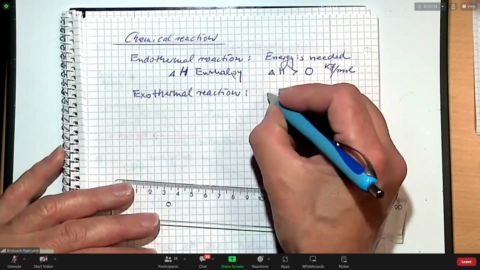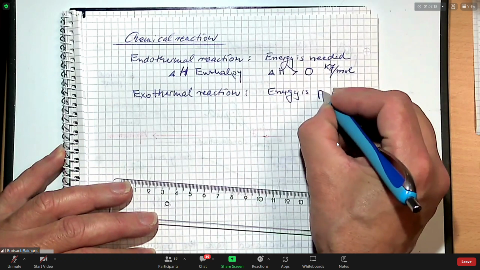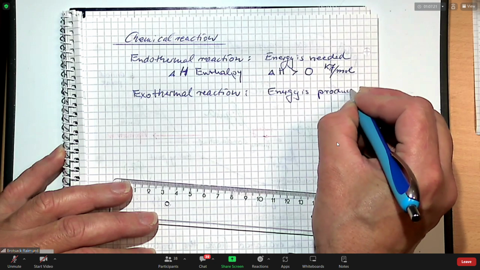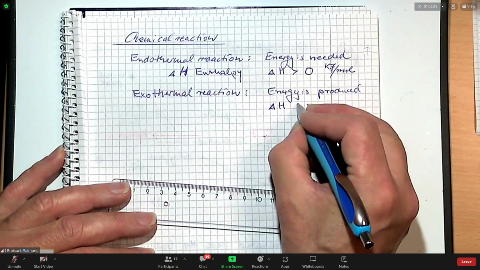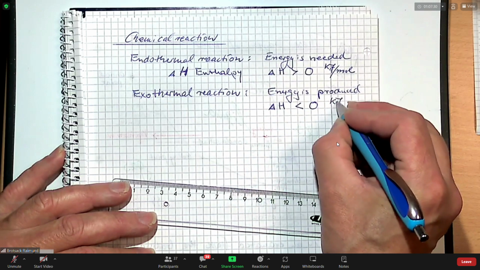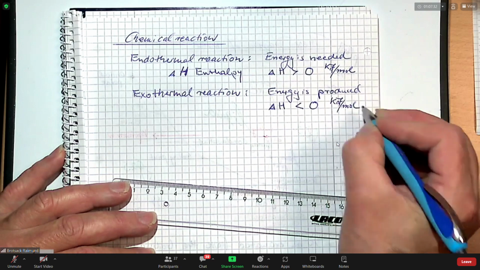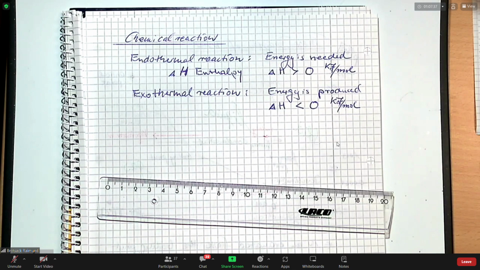Energy is produced. Now the difference in the enthalpy is below 0. Kilojoule over mole is the unit. Joule, you know, is the unit for energy, and we always normalize it. We say we look at 1 mole of the reactants.